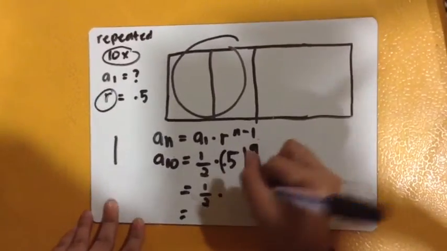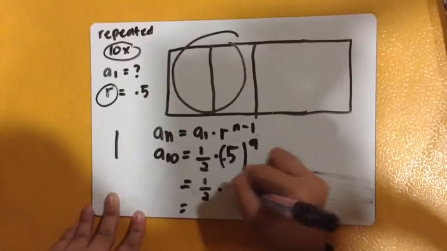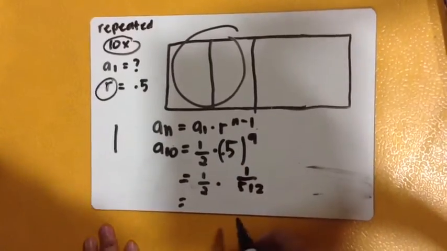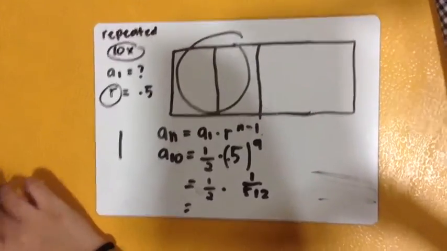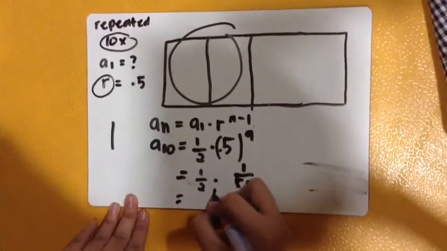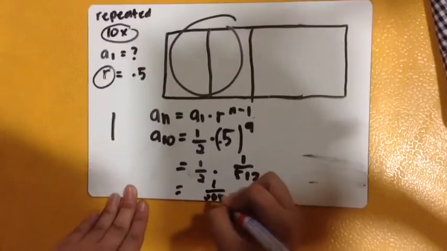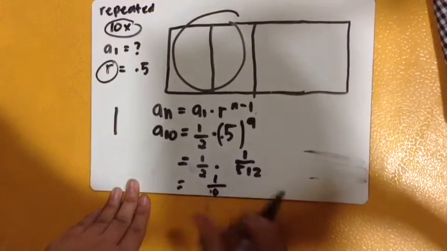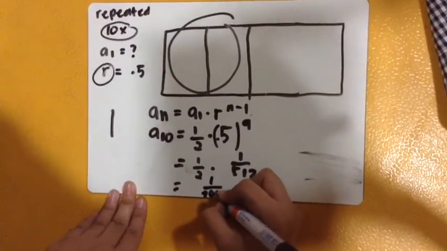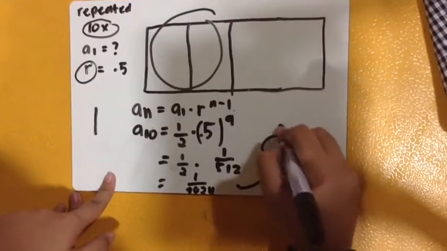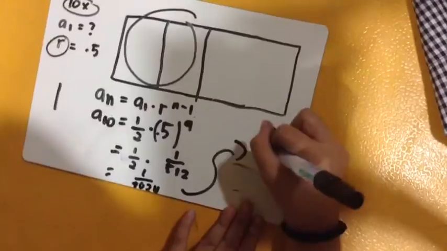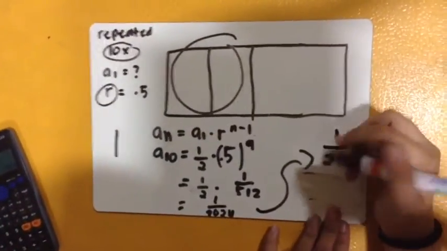Let's make it 1 over 512. That's the answer.